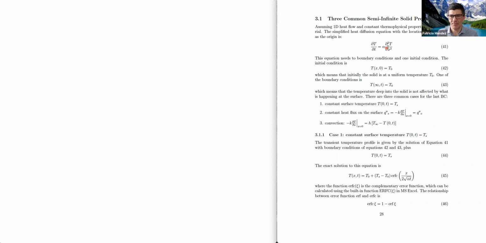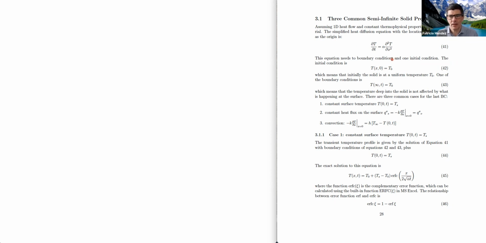And so in this equation, it's embedded the simplification that thermal conductivity is constant. Otherwise, I couldn't write the second derivative. It would be a more complicated expression, which we saw on week 4. And I need then one initial condition for time and two boundary conditions for space.